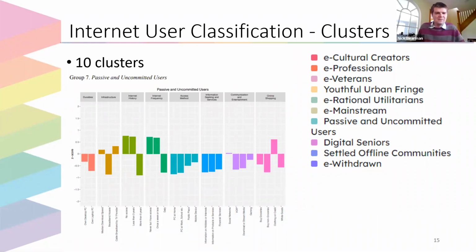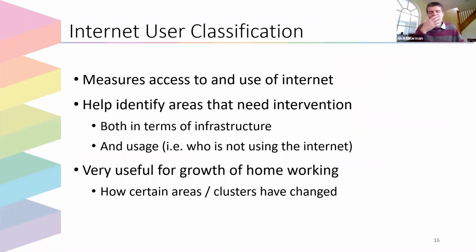Great, wonderful. So in this sense, we've got two separate aspects we're measuring: access to the internet and use of the internet, which are a little bit different. Yeah, and it's important.